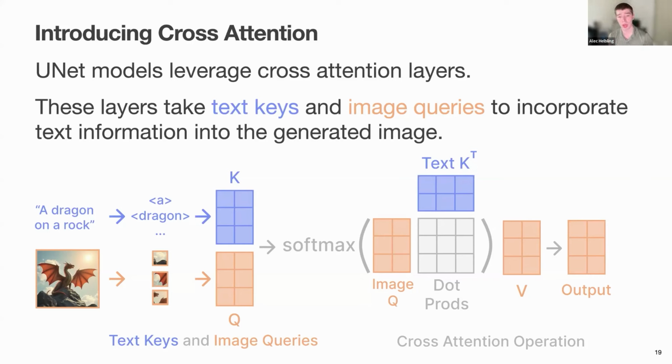Your goal is to say, how can I incorporate information from the text prompt into the image representation that I'm learning? This is done through a very familiar attention operation, where you have queries from the image and keys from the text, and you compute the dot products between these representations. Then you eventually predict the next layer's instance of image representations.